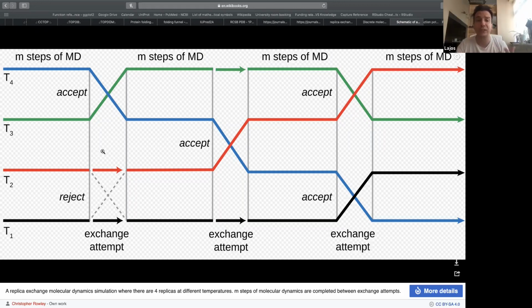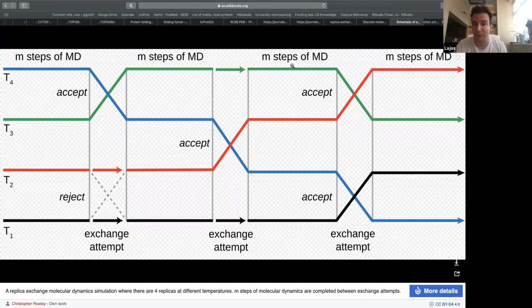So all of these different replicas can walk through all the different temperature boxes, which is usually not just 4, but at least 8 or 12 temperature boxes. And they have the chance to go up to a higher energy level and go down to a lower energy level.